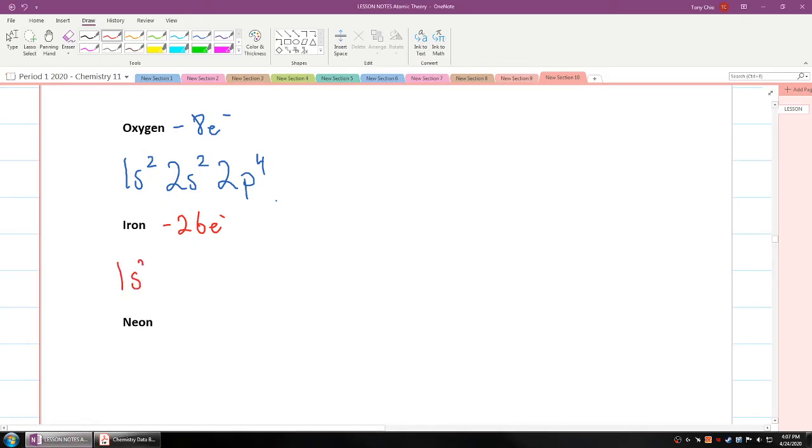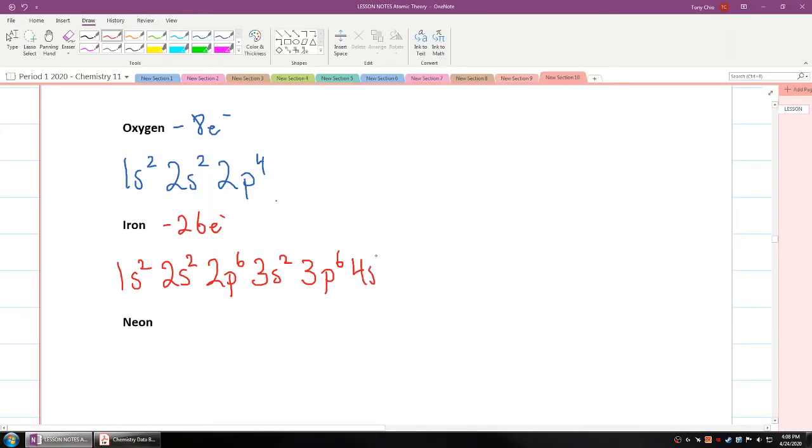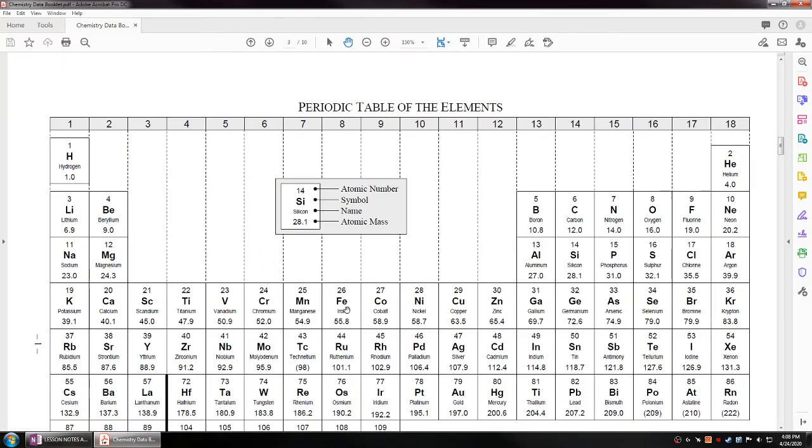It has 2 in the 1s, 2 in the 2s, 6 in the 2p's, 2 in the 3s, 6 in the 3p's, and last but not least, 2 in the 4s, and because we're here now, it has 6 in the 3Ds.